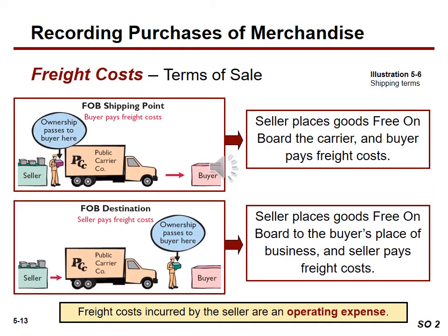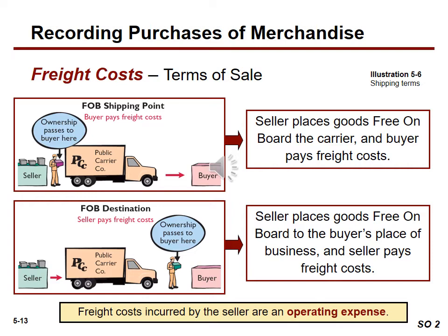A little bit about the terms of sale and different terms of sale, beginning with freight costs. Now, for freight or shipping costs, we have two terms that could be used for a specific sale transaction. For the first, we call this FOB shipping point, or free on board, or freight on board shipping point. In this case, the seller places the goods free on board the carrier, or the truck or the boat or whatever carrying method is used, and the buyer pays the freight costs.